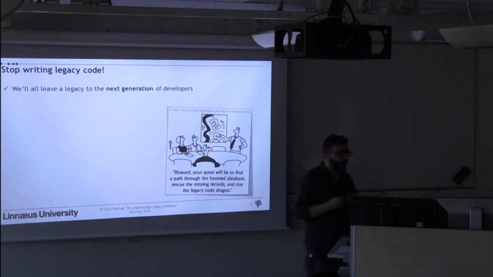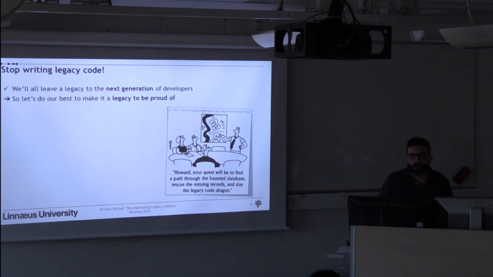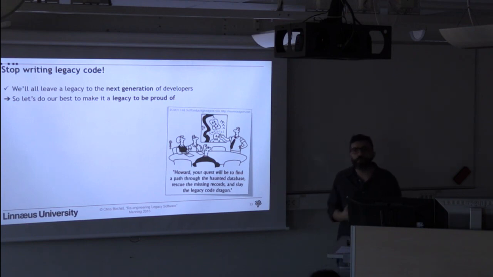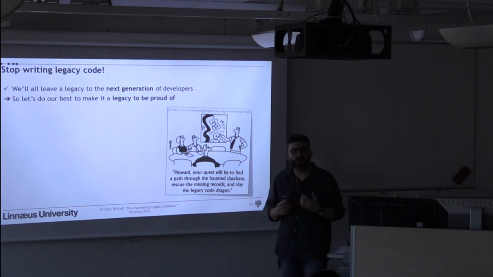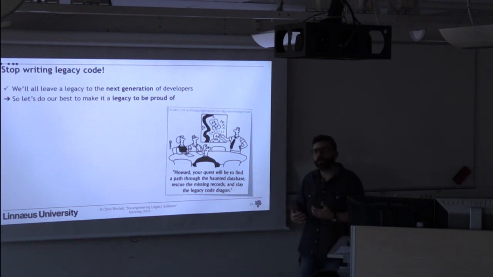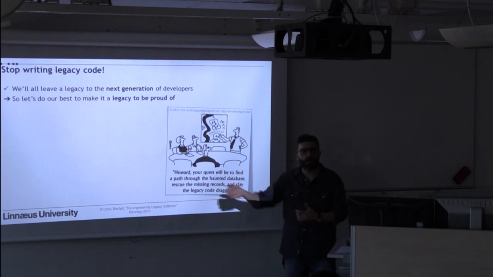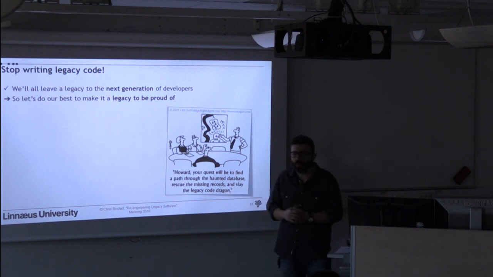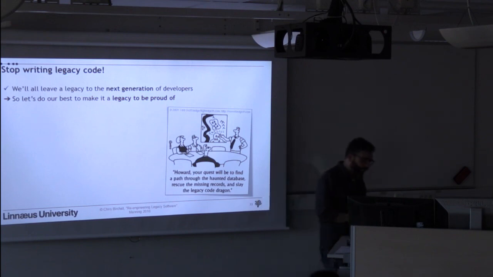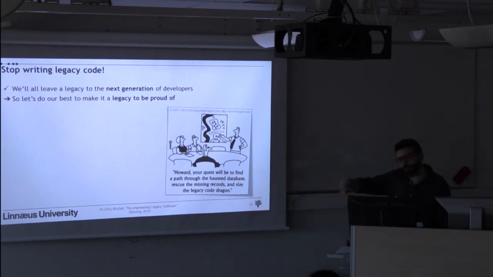The only thing that we can do is to be proud of our legacy. We cannot stop making legacy systems, but we can make high quality legacy systems to ease the work of the next generations. The next generations are ourselves in a few years, or our sons, or whatever.